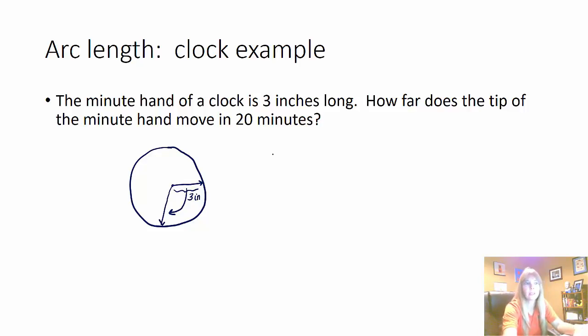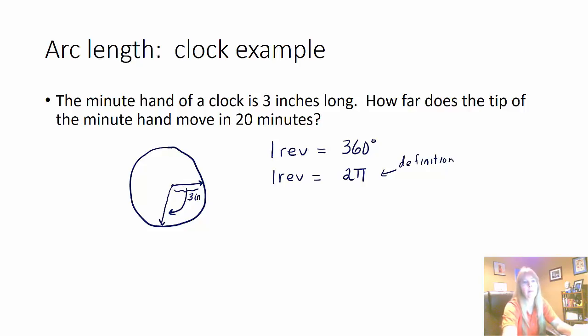Going back to the definitions, I know 1 revolution is 360 degrees, all the way around, and the definition of 360 degrees in radians is 2 pi. I'm going to talk about this more in a minute.